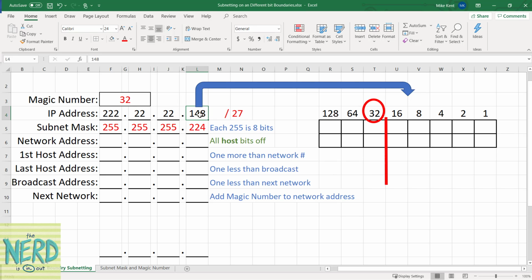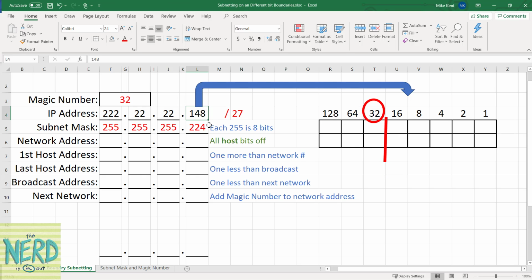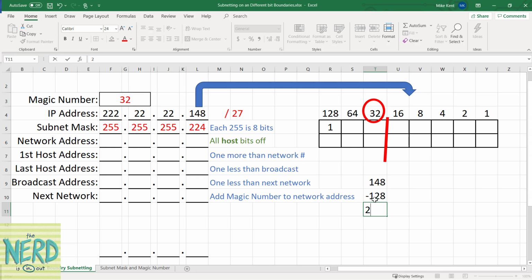So I need to convert 148. I need to convert that 148 to binary. Well, I can get a 128, so I have to subtract 128 from the number, and that leaves me 20 left over. So I cannot get a 64, I can't get a 32, I can get a 16.